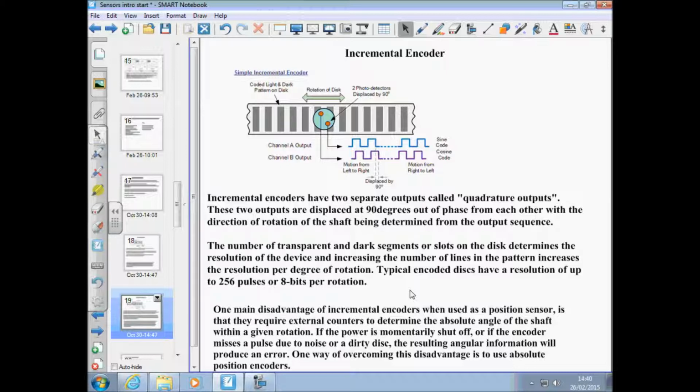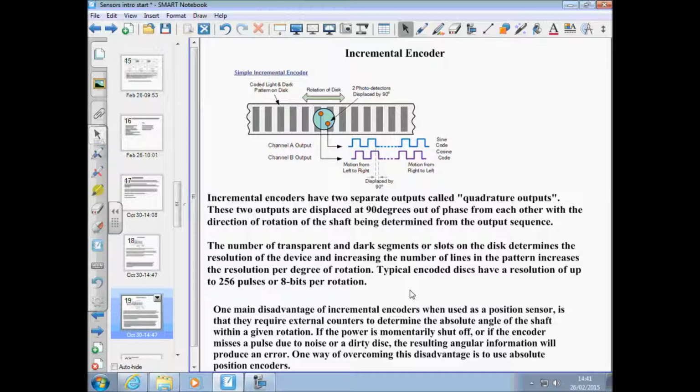So, when you're thinking about your turntable in your assignment, the minimum angle you want to be able to detect will determine how many holes you need in your disc, so that you can determine how many different positions you can sense. So unlike the LVDT here, you have a minimum step that you can detect with this type of device. Okay.